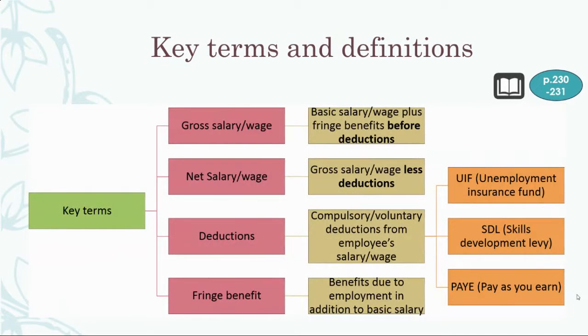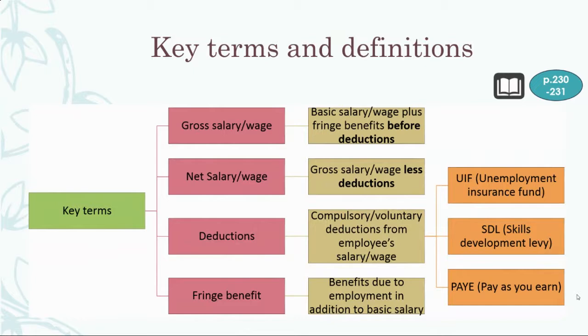So the key terms and definitions that you need to be aware of and need to make sure that you understand are the following. The first one is gross salary or wage. This is your basic salary or wage plus any fringe benefits before any deductions. Now, fringe benefits are those benefits due to an employee in addition to a basic salary. That is, for example, the use of a company car.